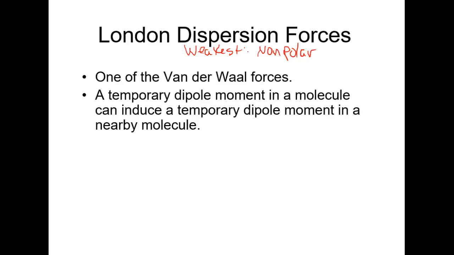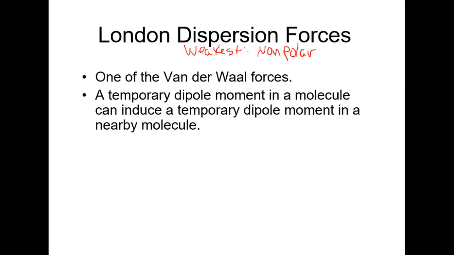It's a temporary dipole moment in a molecule that can induce a temporary dipole moment in a nearby molecule. Imagine you have a bucket of water and you shake that bucket, the water kind of sloshes back and forth. That's what the electron cloud is doing on a nonpolar molecule.